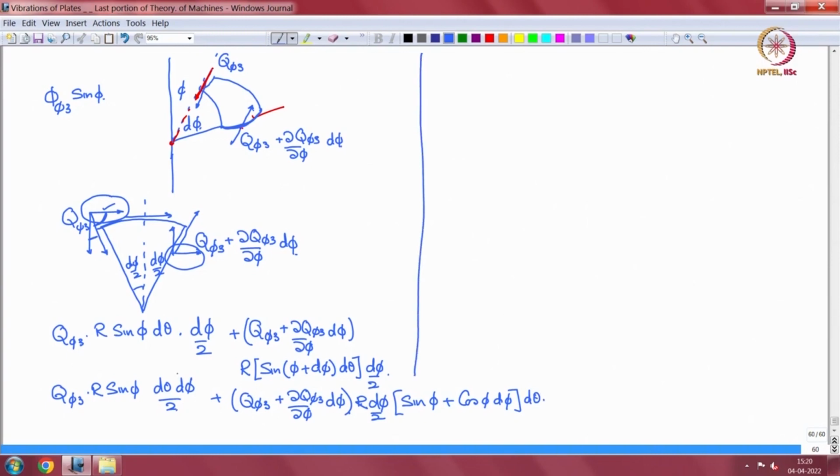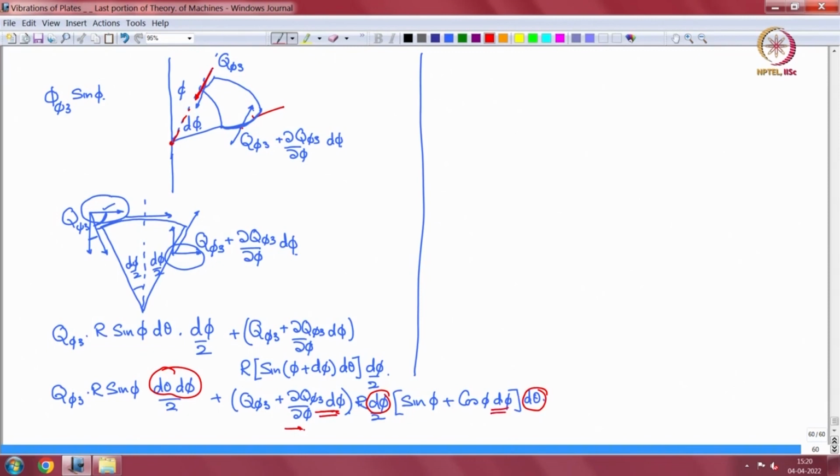Now here we have d theta and d phi. So we will take from here also terms with two differential elements. Already I have d phi and d theta, so I can't take this anymore because that's another differential. I can't take this, which is another differential.